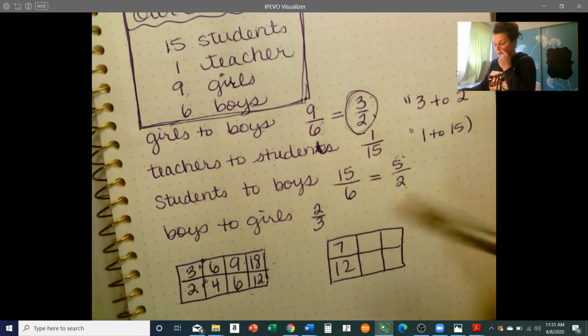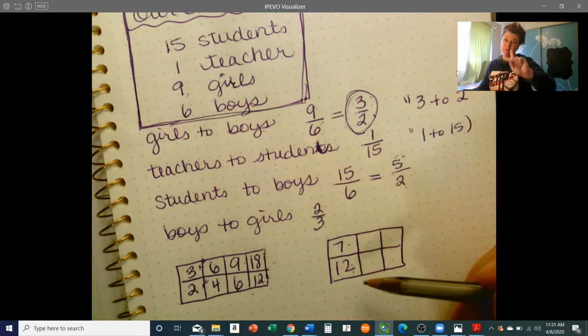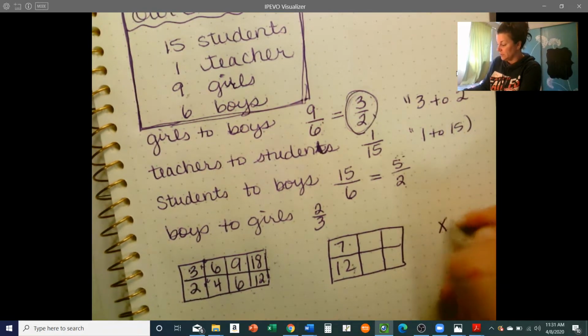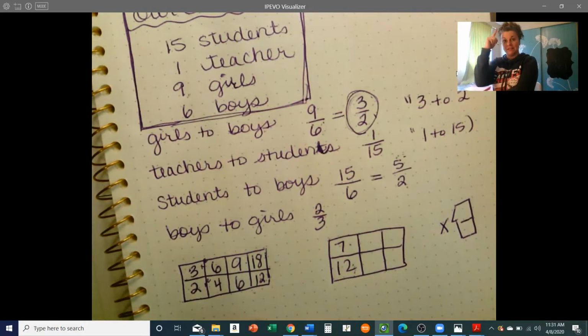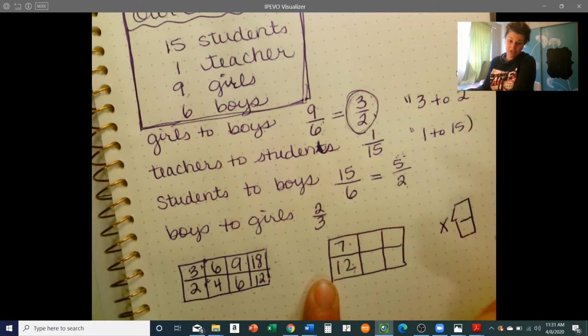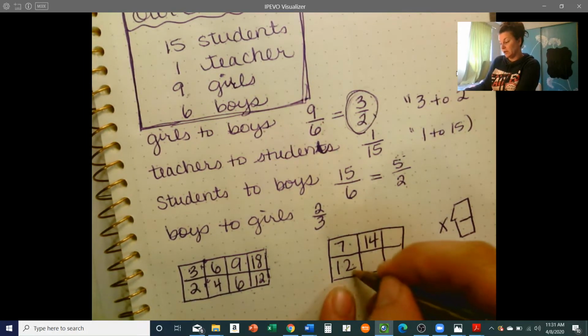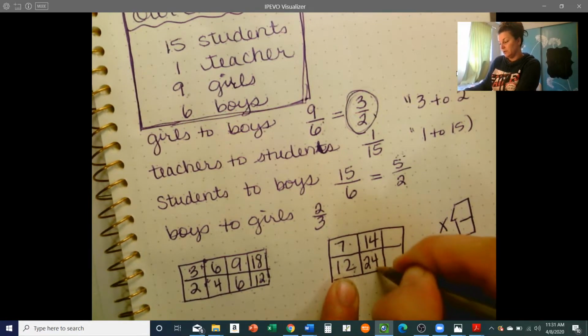So all you need to do is pick a number to multiply both of these by. Because remember, we're just multiplying by that fancy 1. That's all we're doing, is multiplying by a fancy 1, which means I need the same number on the top as on the bottom. So let's try multiplying by 2. 7 times 2 is 14, and 12 times 2 is 24.